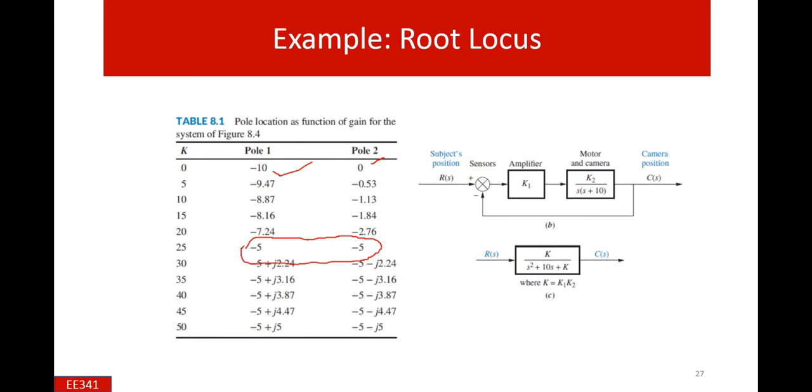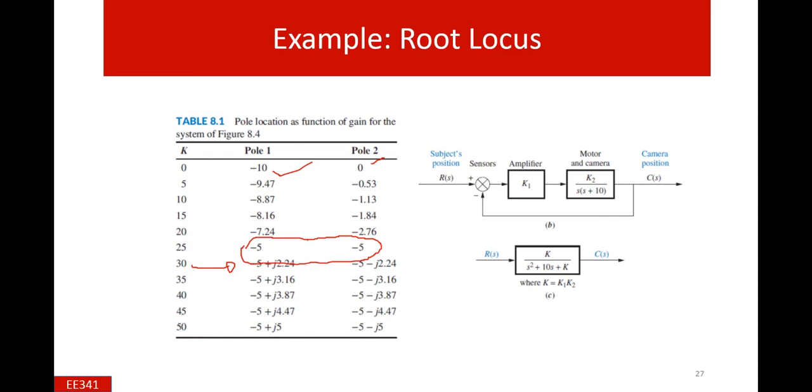And after that, if we change the values of K to greater than 25, then we find that these poles move in a complex plane, and because we have a second order system, they are in the form of a pair.